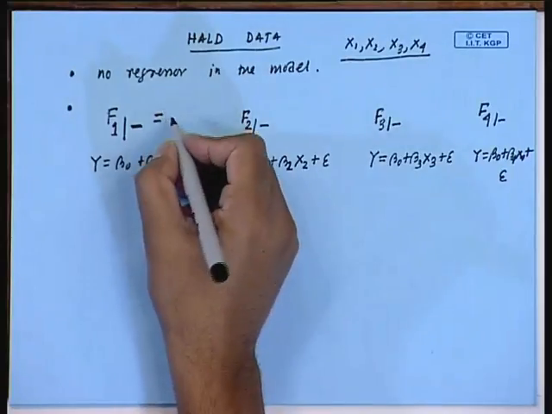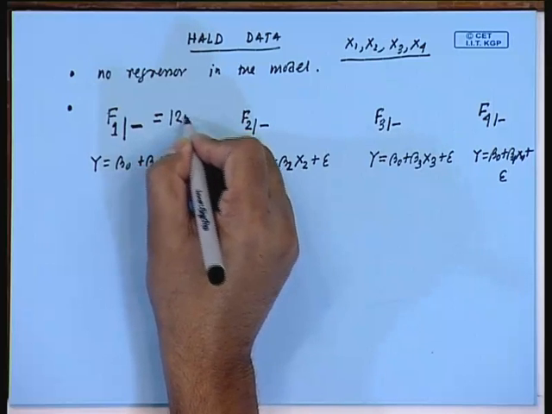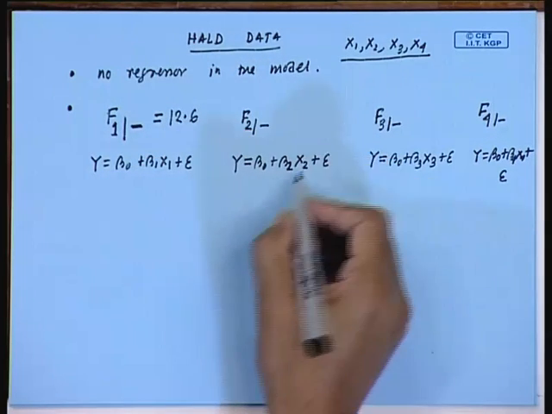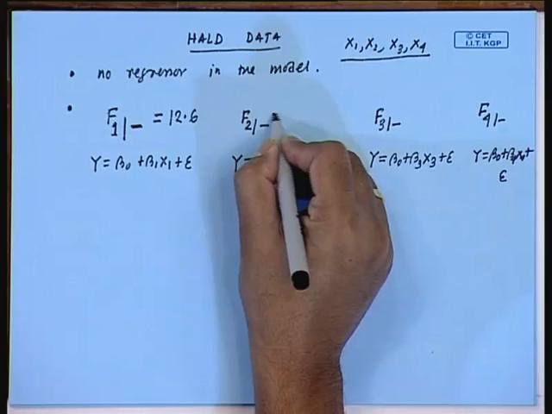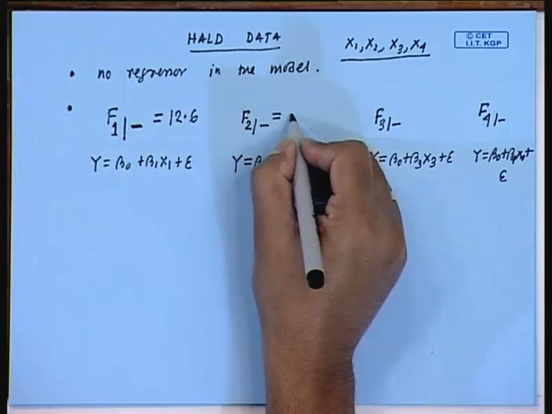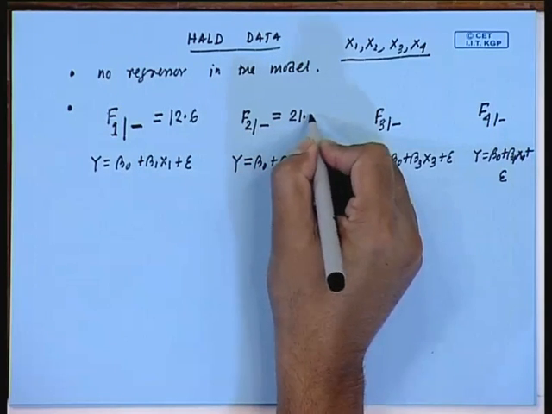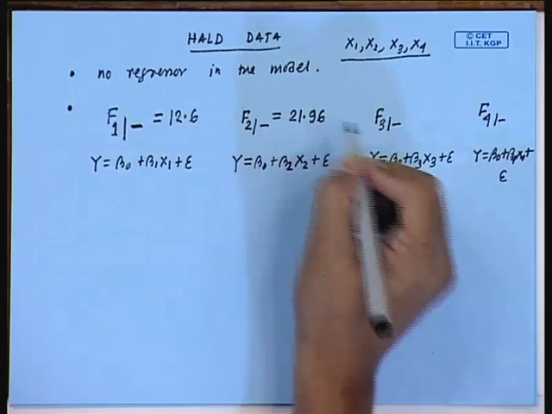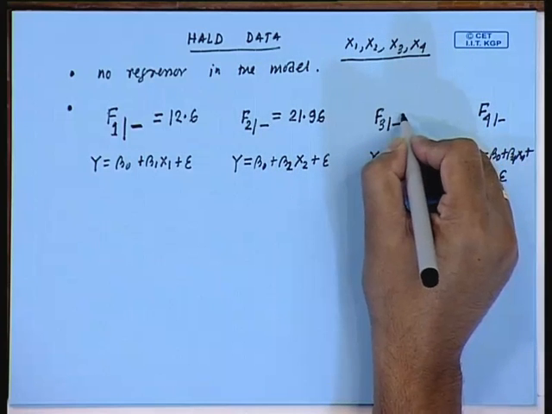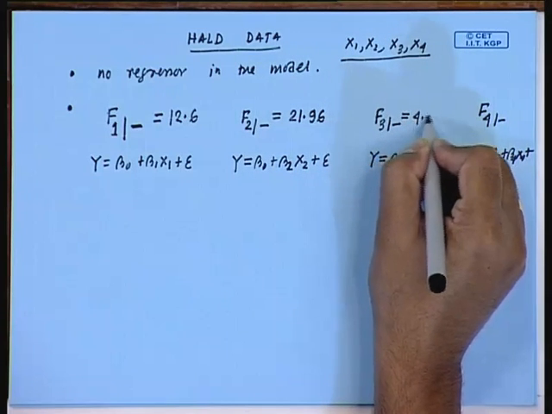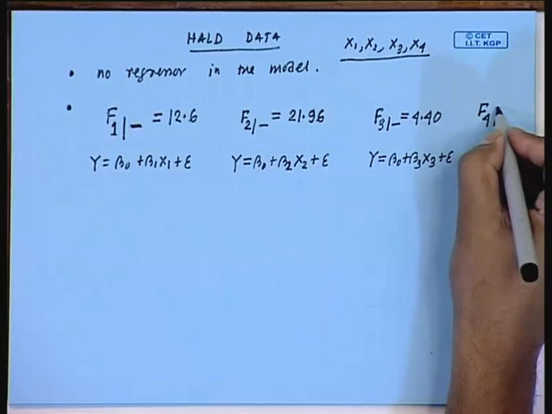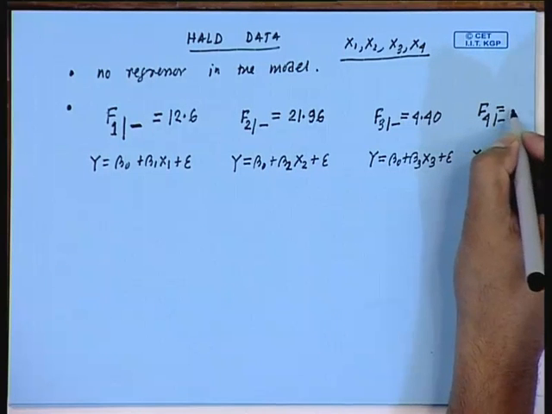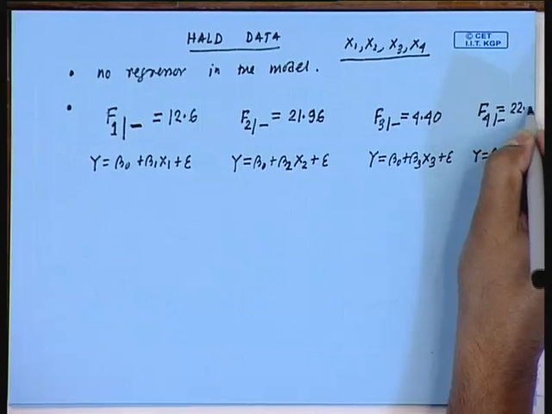Similarly, you fit this model and you will get the value equal to 21.96. This value is equal to 4.40, and this value is equal to 22.8.